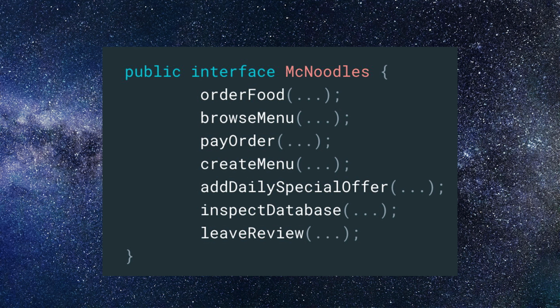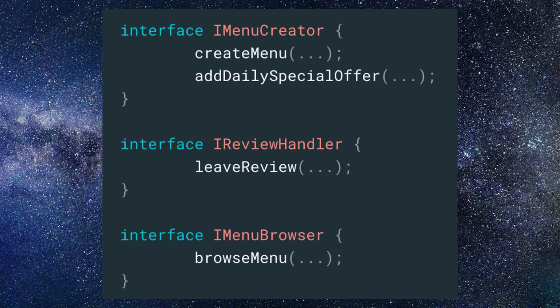However, both clients are forced to depend on methods like inspect database and leave review, which are not relevant to their needs. This violates the interface segregation principle, which states that clients should not be forced to depend on methods they don't need.